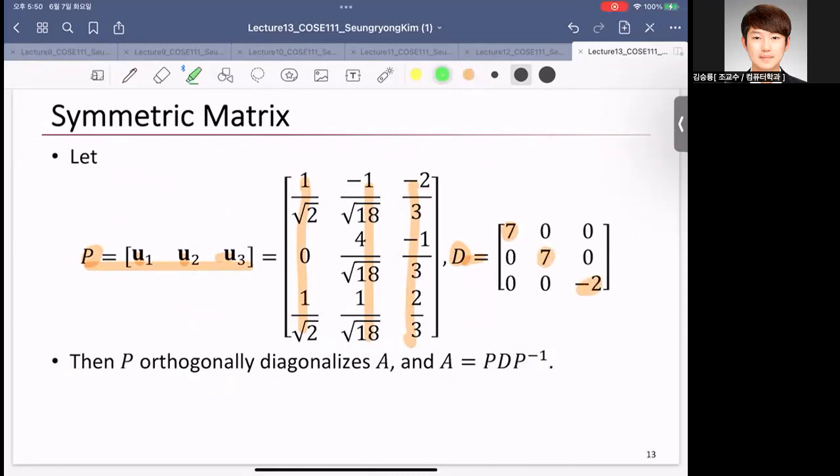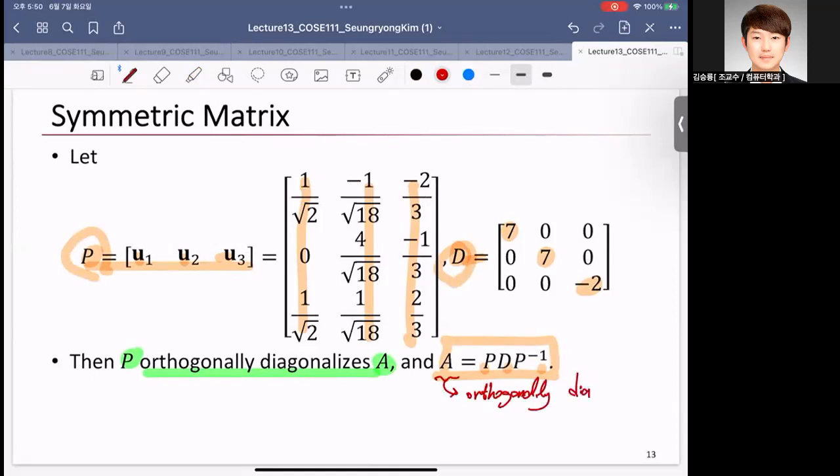Then we can say that matrix A is orthogonally diagonalizable, or matrix P orthogonally diagonalizes matrix A. Matrix A is going to be P D P inverse, where P is like this. So matrix A is orthogonally diagonalizable.